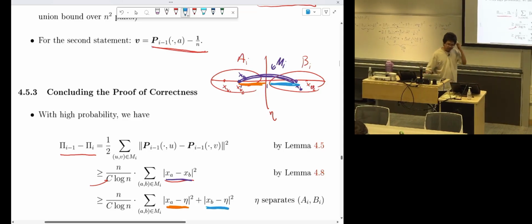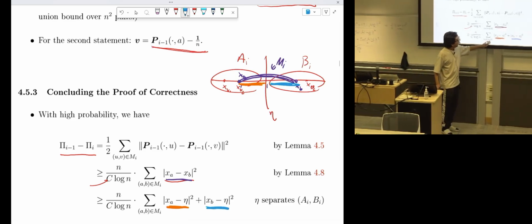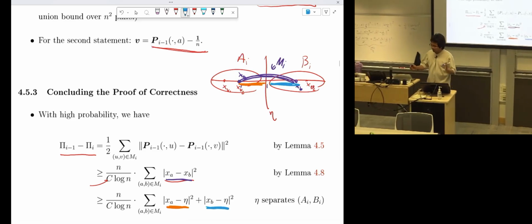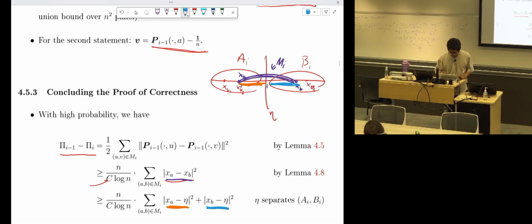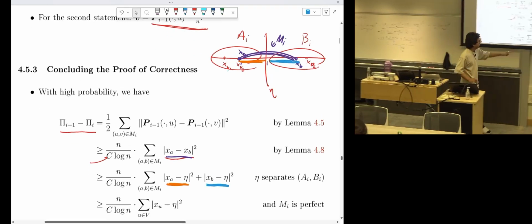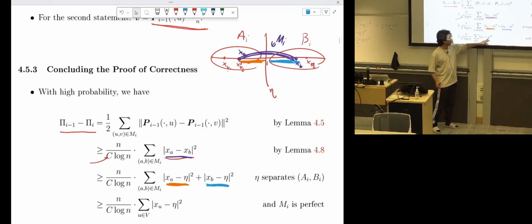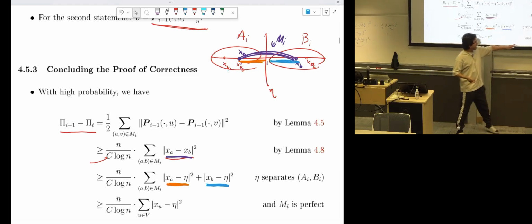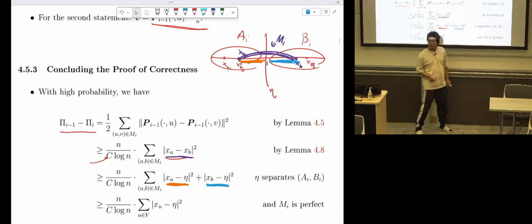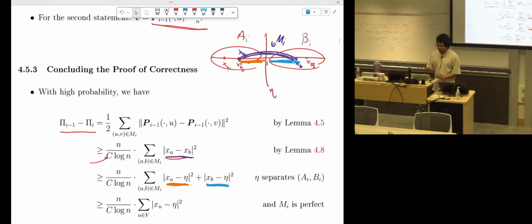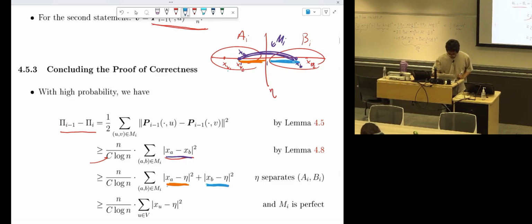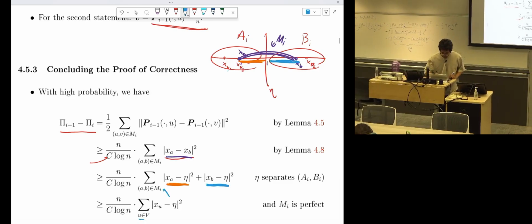And now, once you have this, you basically just sum over all nodes. I claim that this is now the sum over all nodes U of the distance from node U to the threshold eta, squared. Why is that? Because Mi is perfect, so every node U will contribute to something here.